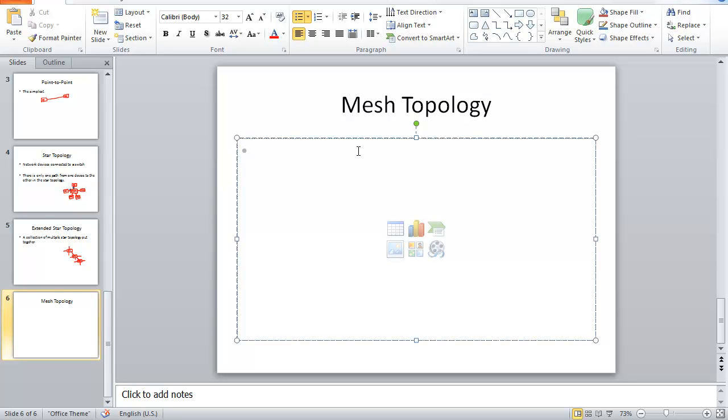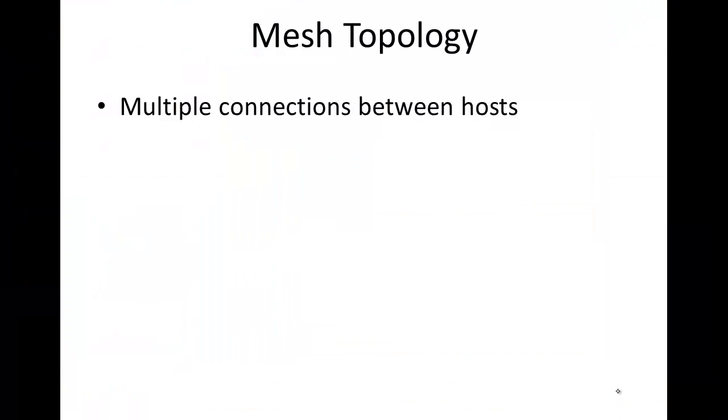So instead of having a single connection between the devices, in the mesh topologies we have multiple connections. So the biggest thing about the mesh topology is basically multiple connections between hosts or network devices. So if I just draw the topology, it will look like this.